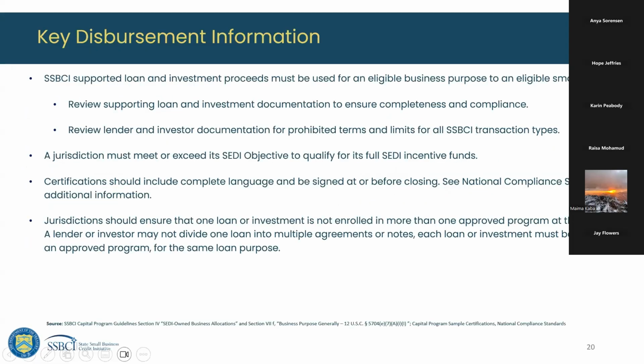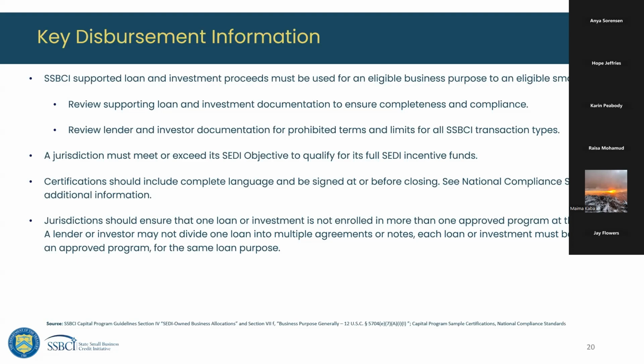And that is key disbursement information. Now, based on some previously completed disbursement reviews, compliance has identified some key insights and best practices we encourage you to keep in mind as you prepare for a disbursement request. Firstly, the SSBCI supported loan investment proceeds must be used for an eligible business purpose to an eligible small business.